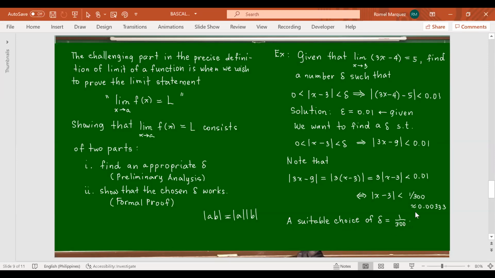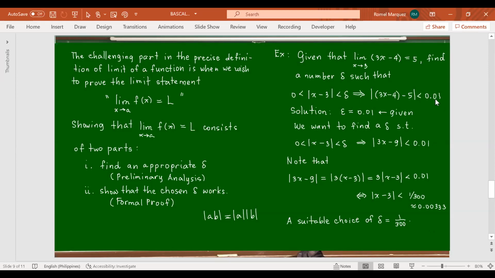Okay? So if you have another tolerance, 0.001, you can find another delta. 0.00001, you can find another delta. So in other words, later when you are asked to prove this, we are going to make use of delta and epsilon rather than the actual error tolerance, for the epsilon to be any.